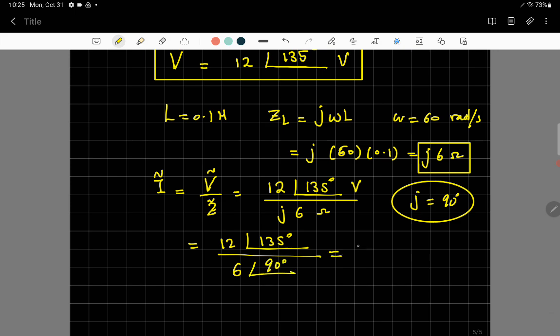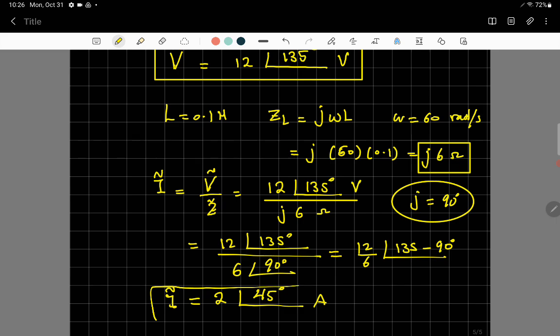You divide the number 12 by 6, but the angle, you say 135, and the one in the bottom changes sign when you bring it up, it will be negative 90. 12 divided by 6 is equal to 2 amps, and the angle 135 minus 90, you get 45. So this is the current, but expressed as a phasor.